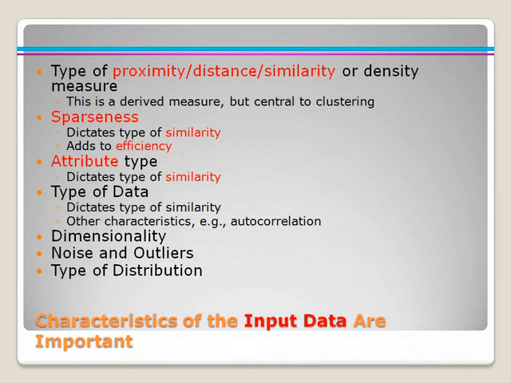So how we can characterize the input data, and how important that is for us. It's really important to be able to define the clusters. You have to have some type of proximity, or decide which distance you're going to use to be able to separate the data from each other to create the clusters.